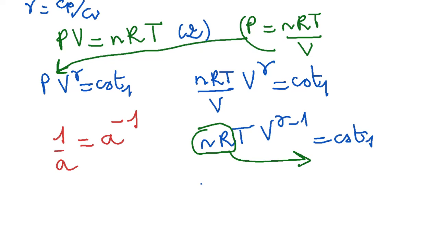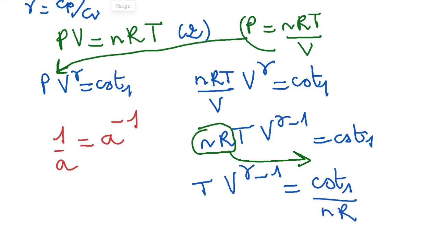Now in the right side of the equation, everything is constant: constant 1 is obviously constant, n and R are constant, so the whole ratio is going to be called constant 2.